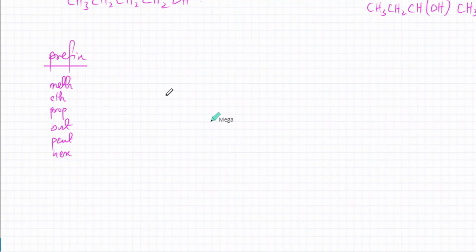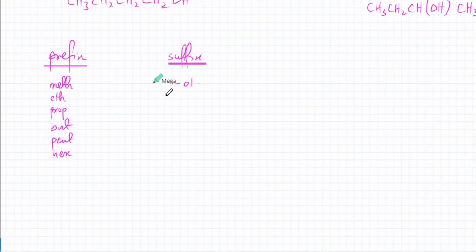So if a molecule has 3 carbon atoms, that's going to be prop, and 4 carbon atoms, that's going to be but. And you'll have your suffix, which is going to be ol. Everything would end with ol if it's an alcohol.